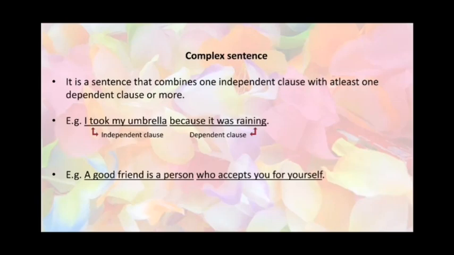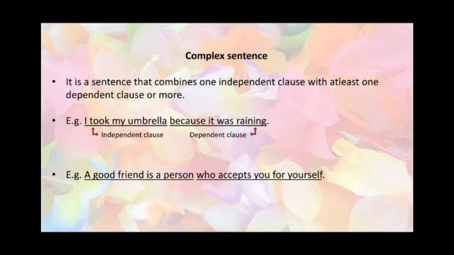Now one more thing I would like to tell is that complex sentences are joined with a subordinating conjunction. So here you can see the subordinating conjunction is because. I took my umbrella because it was raining. So the subordinate or the dependent clause begins with because.